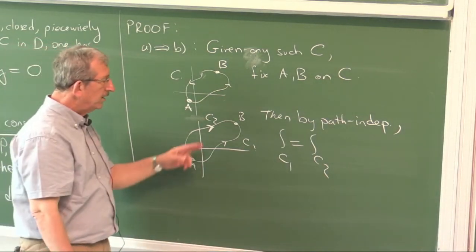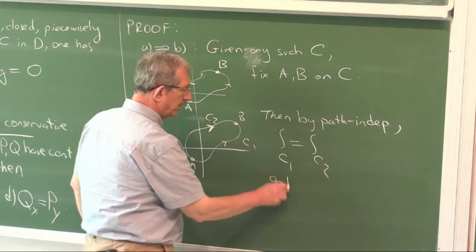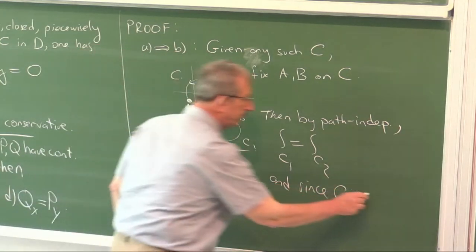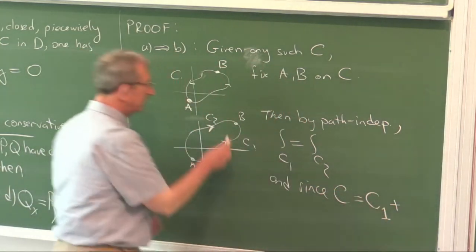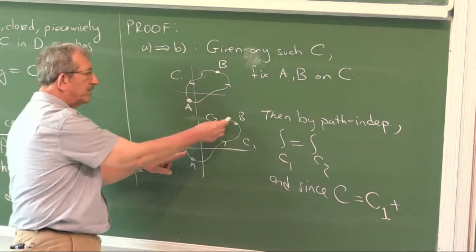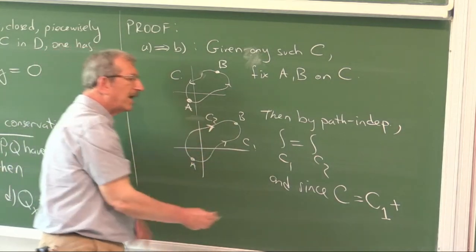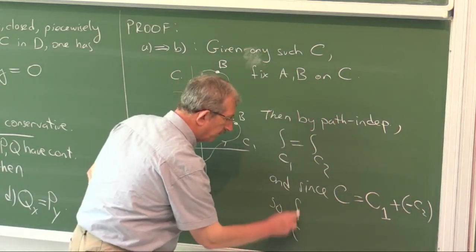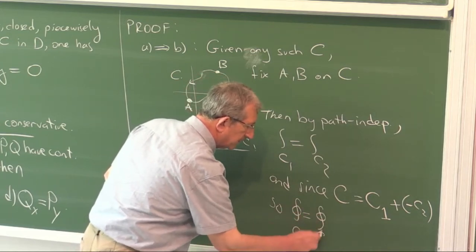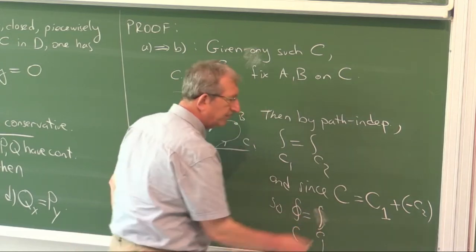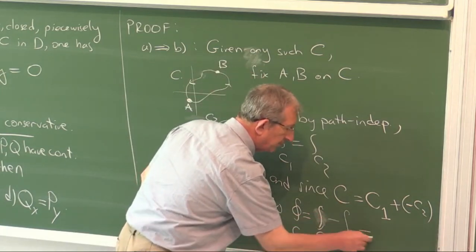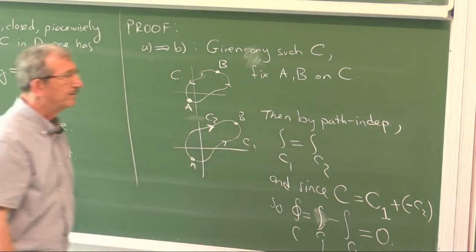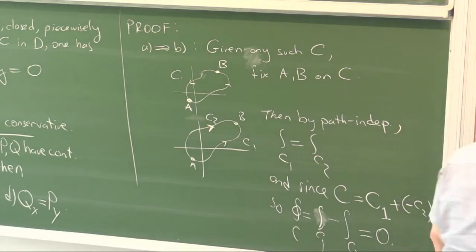But C is C1 plus, from B to A, this curve, which is exactly the negative of C2. So the integral over C is the integral over C1 minus the integral over C2, which is 0. So this says B is correct.